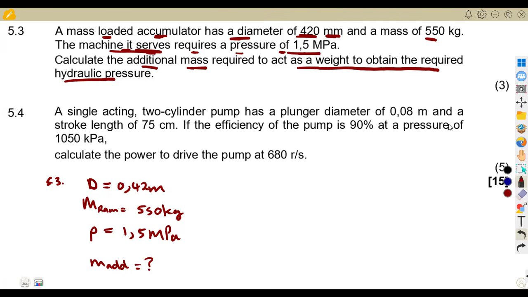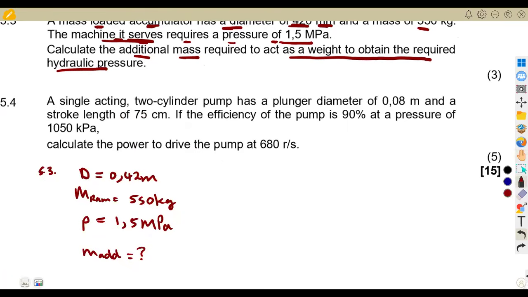So where do we have this mass? Remember, from the total pressure, it must accommodate this pressure. How do you calculate pressure? Remember, pressure is simply force over area. If you cross multiply, force is equal to the pressure times the area, and the force is equal to the total mass times the gravitational acceleration.